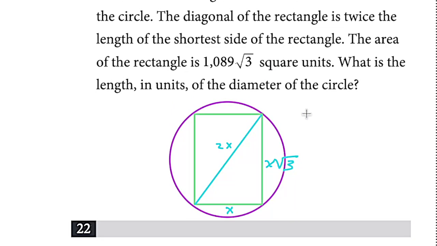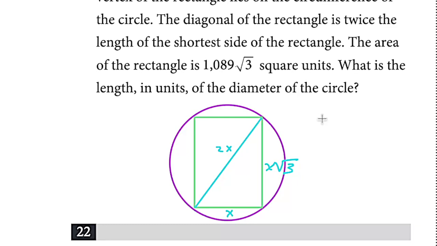And then it says the area of the rectangle is 1089 times the square root of 3, which makes sense because we know that the height involves the square root of 3, right? So really, we could just get rid of that, say that the area of the rectangle is 1089.